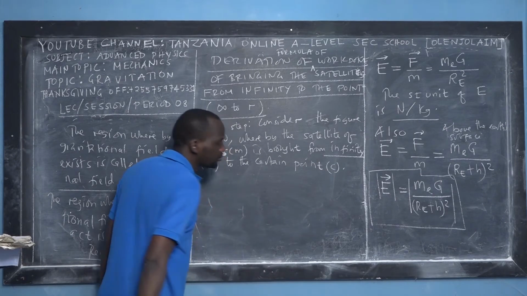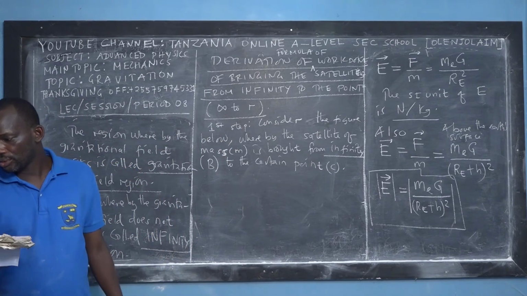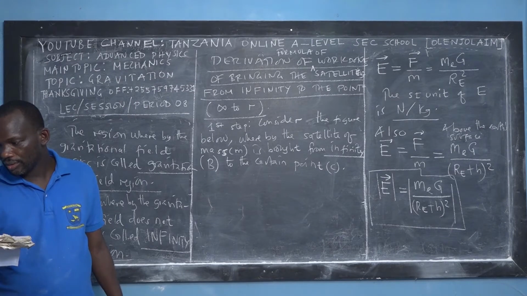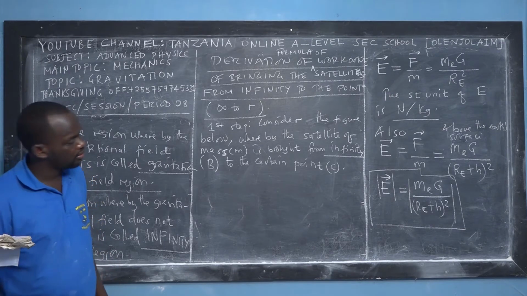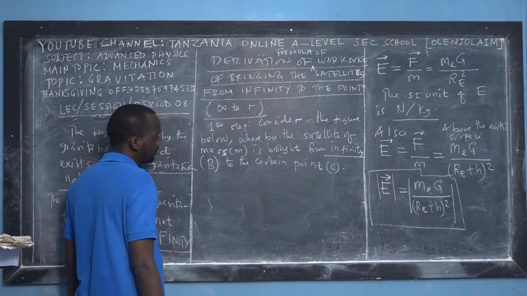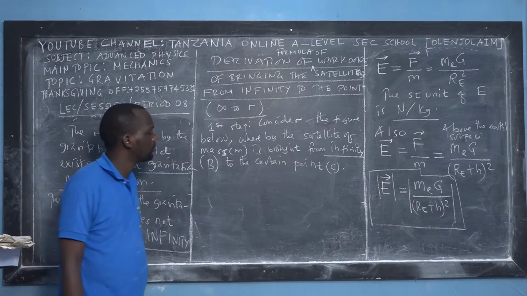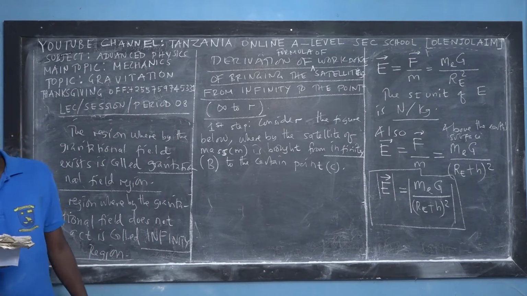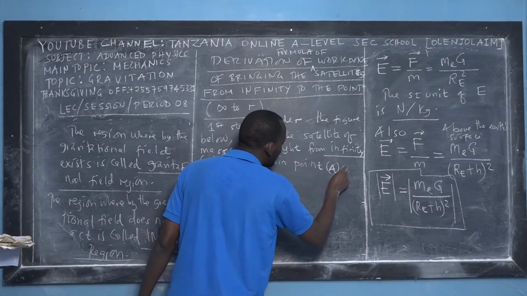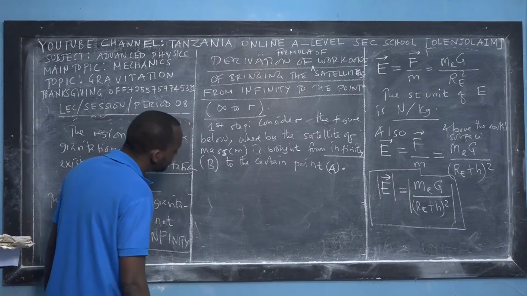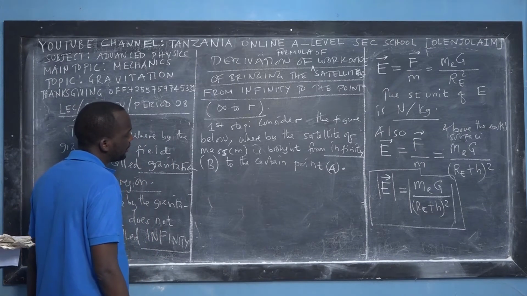So the point is B, infinity is B, and the target point is A. So that's the target, to bring the satellite to point A.